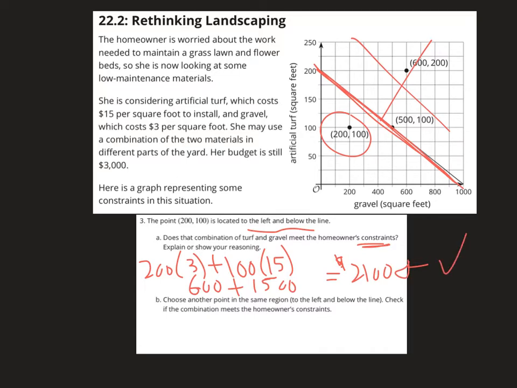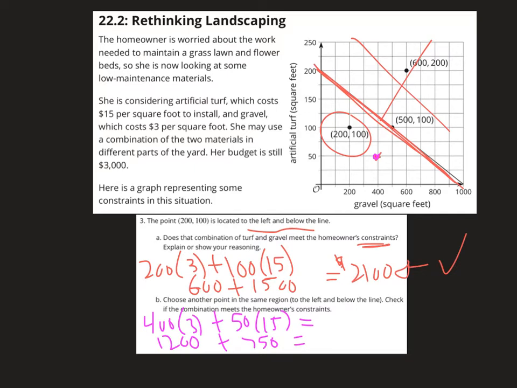This is less than $3,000, so I guess that meets the constraints. Pick another point. How about 400 square feet of gravel and 50 square feet of artificial turf. So 400 times 3 plus 50 times 15 is going to give us 1,200 plus 5 times 15 is 75, so it's going to be 750.